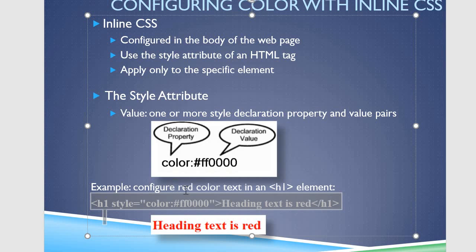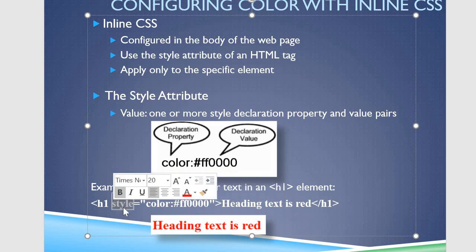So configure red color text in an H1 element. Here it means only a specific element, and that is inline. Only for H1, using the style attribute, we will give the style.